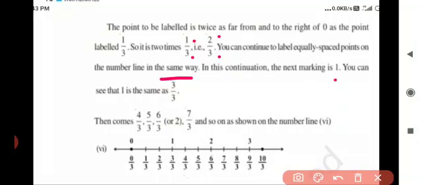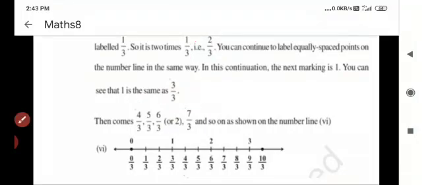You can see that 3 by 3 is equal to 1; cancel the terms and you get 1. After 3 by 3 come 4 by 3, 5 by 3, 6 by 3. 6 by 3 can be written as 2, because cancelling the terms gives 2. After 6 by 3 come 7 by 3, 8 by 3, 9 by 3, 10 by 3 and so on.